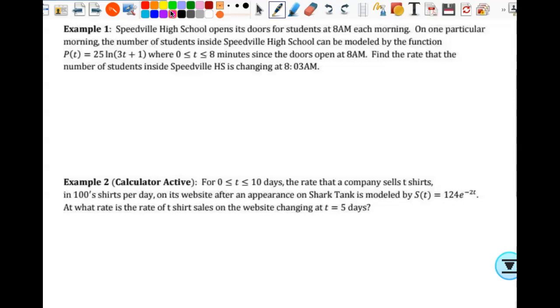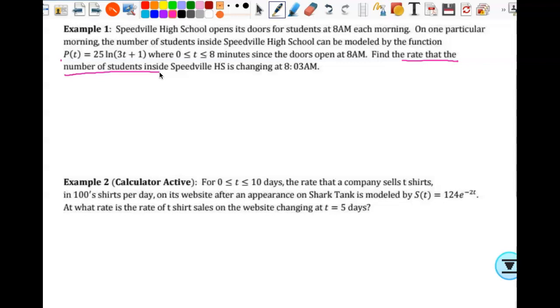One particular morning, the number of students inside Speedville High School can be modeled by this function, where t is between 0 and 8 minutes since the doors opened at 8 a.m. Find the rate that the number of students inside Speedville High School is changing at 8:03.